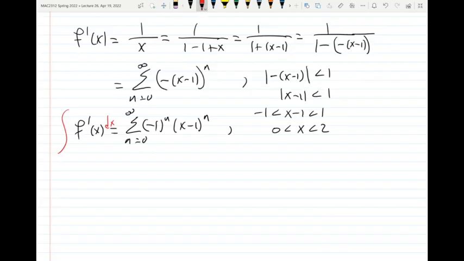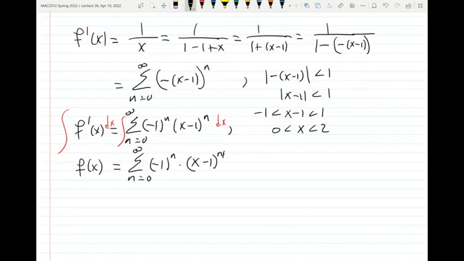So now we integrate both sides. So what do we get on the left-hand side? We get our function, f of x, and then that function is going to be equal to the summation as n goes from 0 to infinity of negative 1 to the n times x minus 1 to the n plus 1 over n plus 1. Remember? Plus c, right?